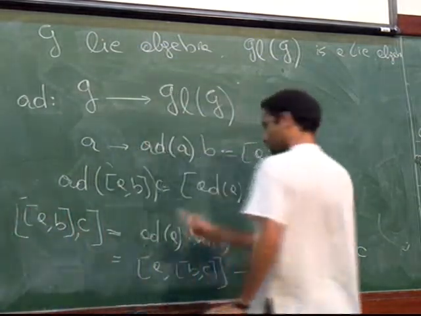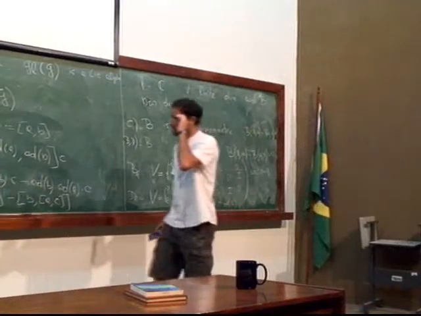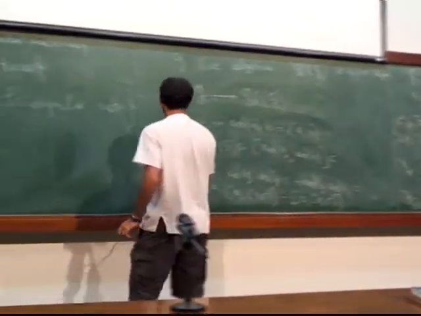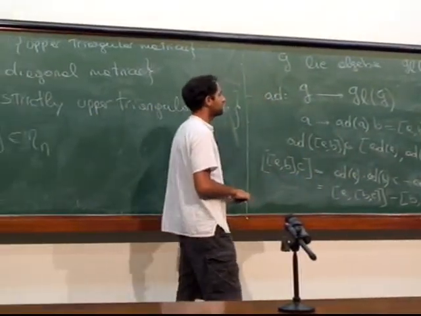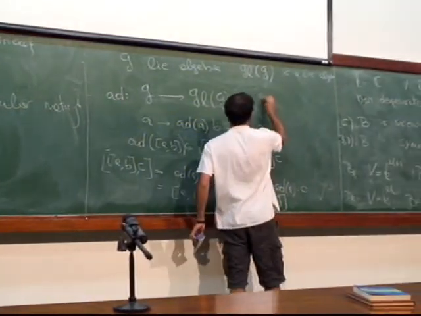Yes, I probably moved this side to that side. This is an example of what's called a representation of a Lie algebra. This is called the adjoint representation.